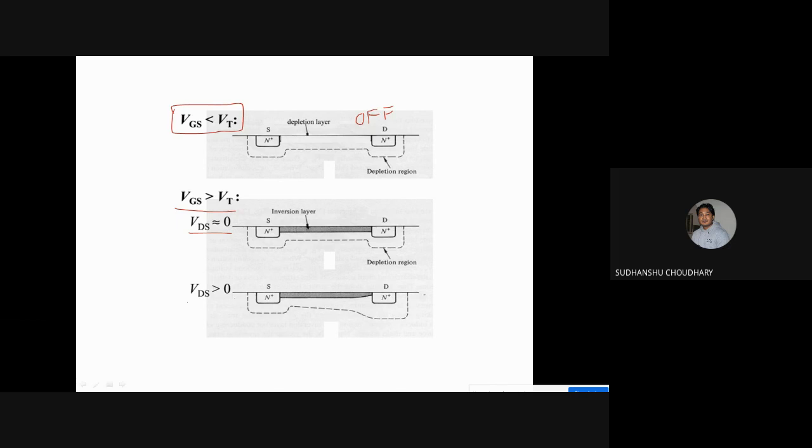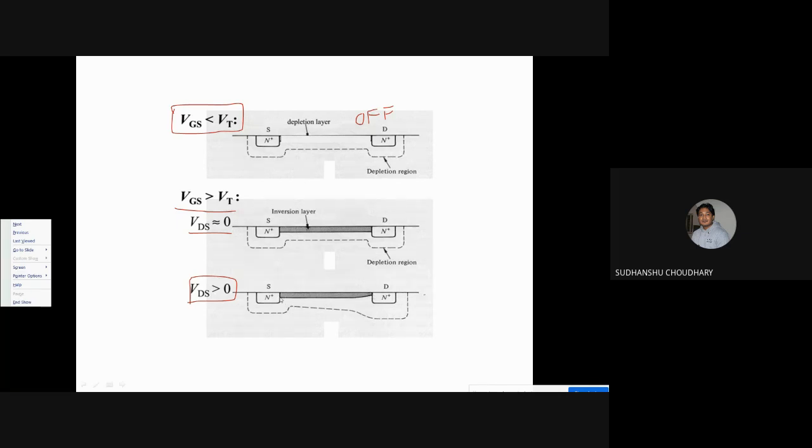Now as soon as you apply a bias between drain and source, then as I said, the channel potential does not remain constant, it changes.